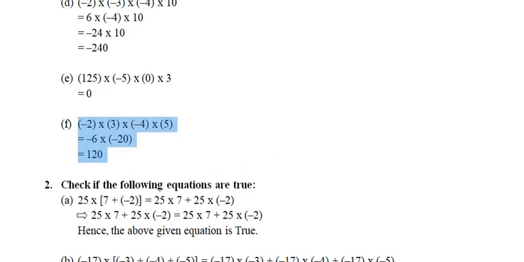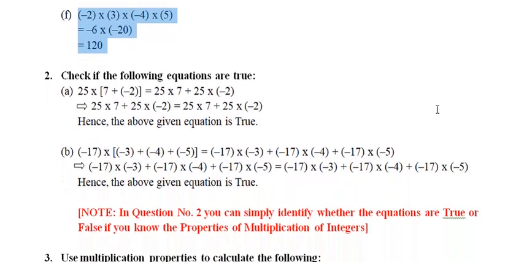Now in question number 2, we need to see whether the given equations are true or not. Here you have to apply the properties of integers. If you open this bracket, this 7 plus minus 2 are all inside the bracket, and outside there is a multiplication sign, which means this 25 is for 7 as well as for minus 2.